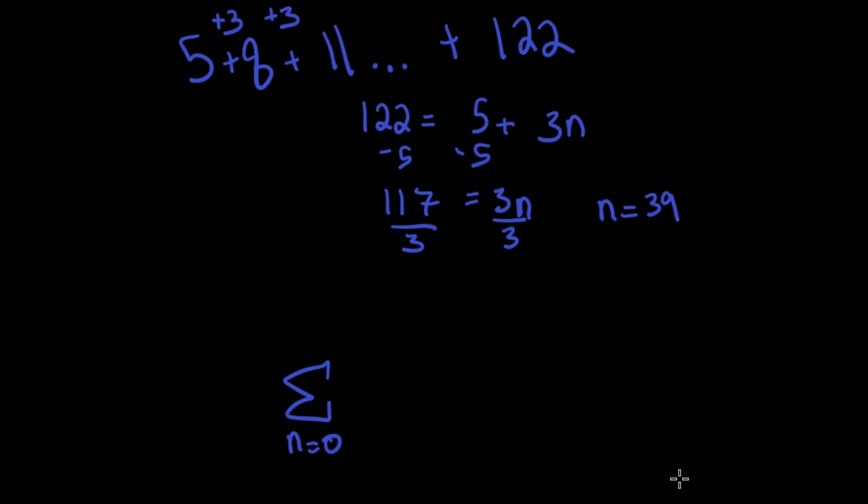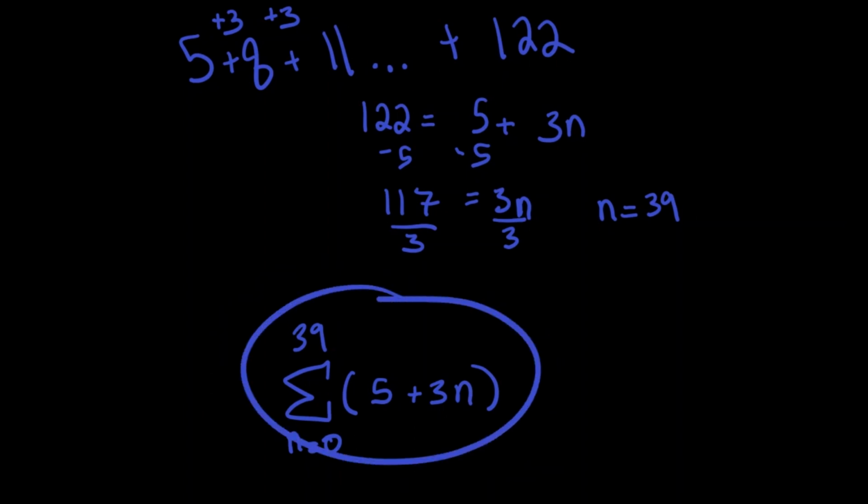Just 39 times and we're done, unless this series was to keep on going, but it doesn't because it just caps at 122. We're stopping at 39. And we write the equation we found here, 5 plus 3n.